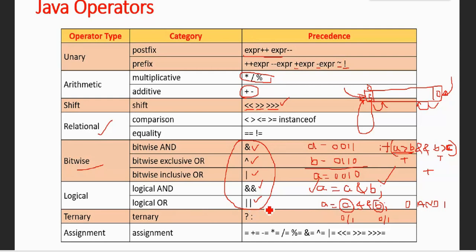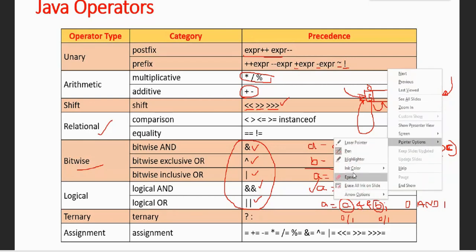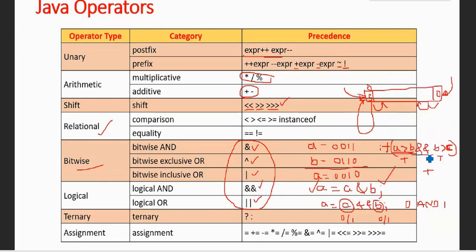So what is the meaning of this short? It is called a shortcut. If I need to perform this AND operation here, with the double ampersand symbol, if this first condition is false, then it is not necessary to do the rest of the operation.